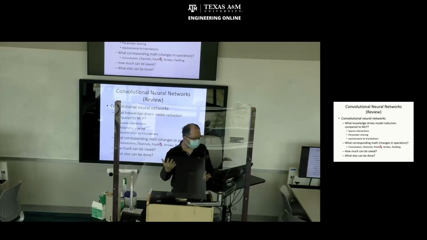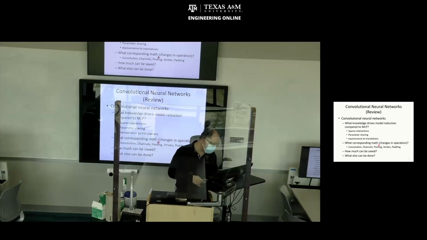It's very similar to convolutions, right? It's local, but it's parameter free, right? We talked about strides that can control the resolution, right? Pooling that can control the image size, right? And then padding that can maintain that image size from one layer to the next.